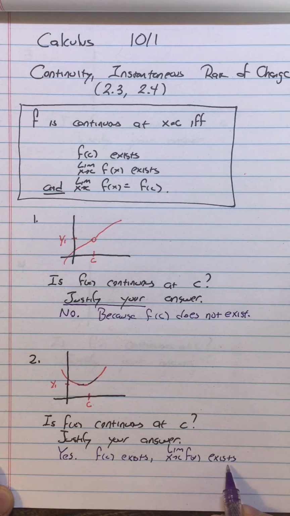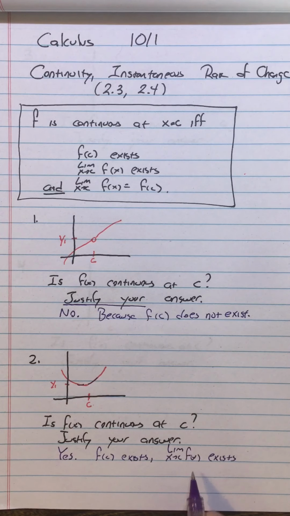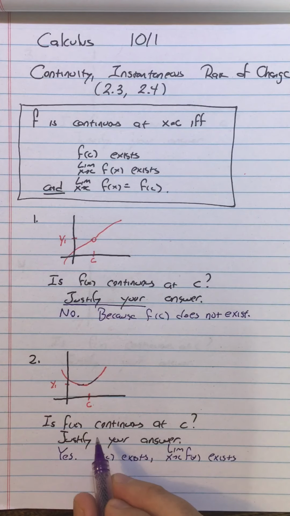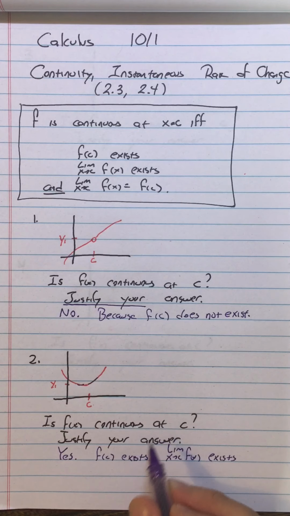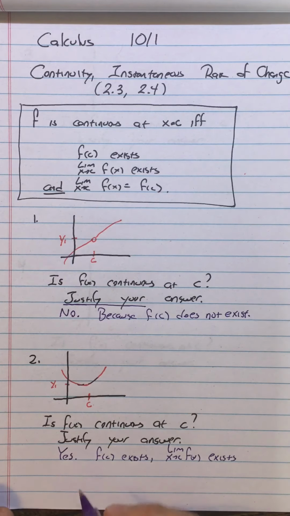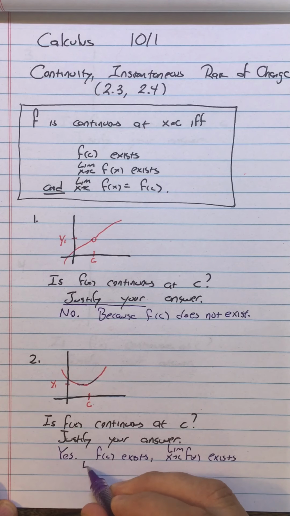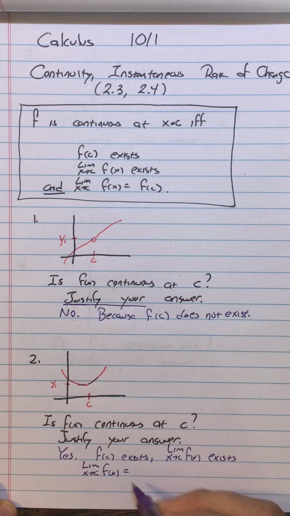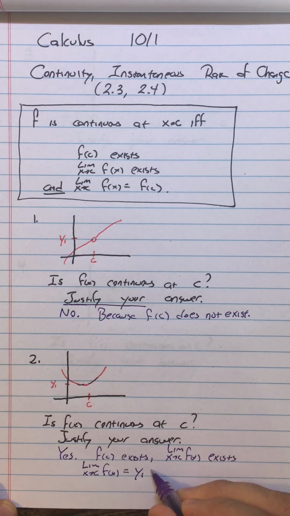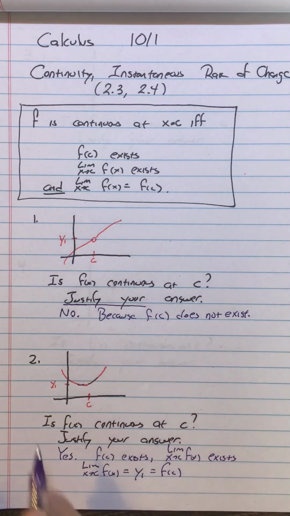I don't have to justify that, by the way, unless they ask me to justify that the limit exists. If they ask me to justify the function is continuous, I get to look at the graph and say I can see that the limit exists. And the limit as x approaches c of f of x equals y1, which happens to equal f of c. So if this was a number like 4, we would say it equals 4.